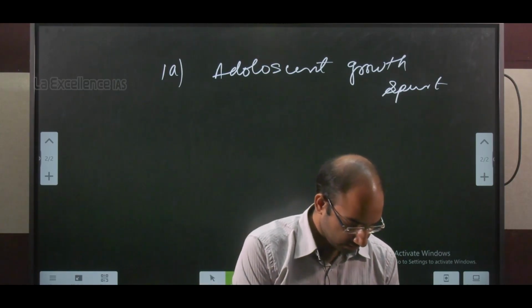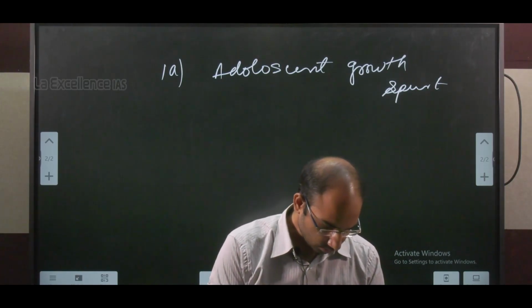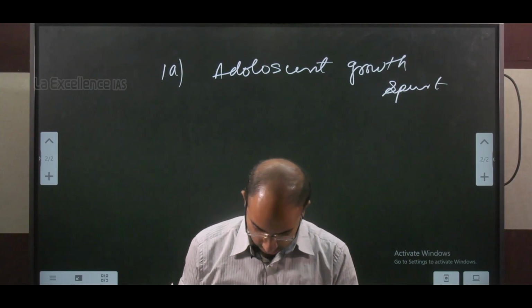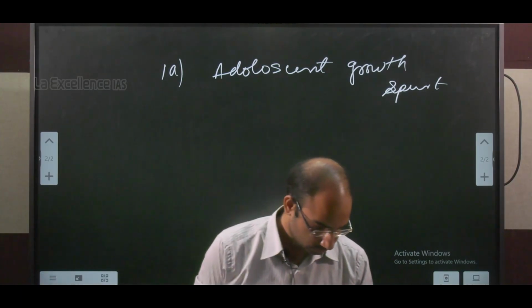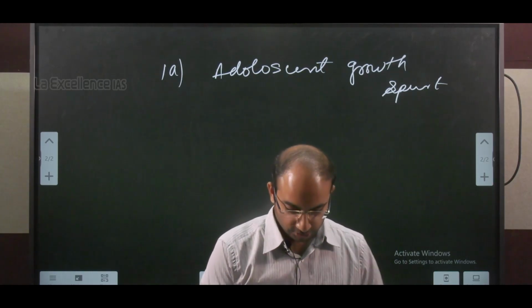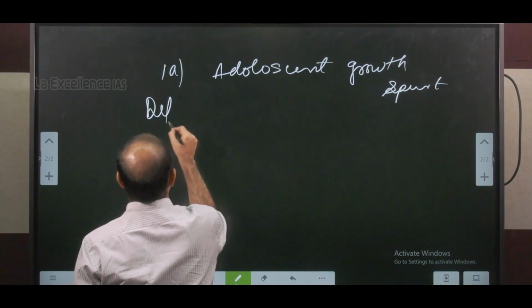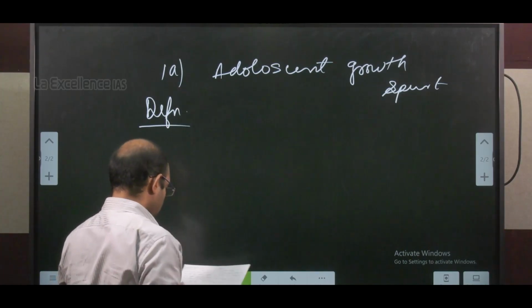You have to first begin by explaining what it is. You can begin by defining adolescent growth spurt. First, define it. So what is the definition for adolescent growth spurt?